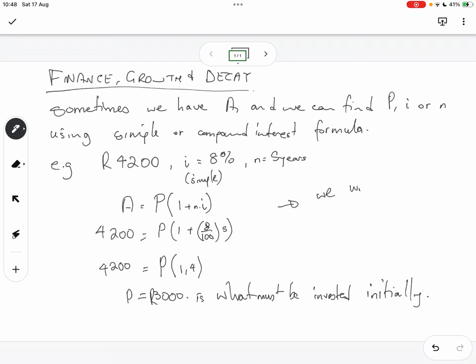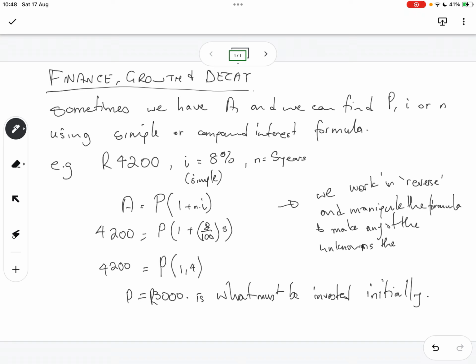So we then do the math and recalculate. The most important thing you can notice is that we work in reverse, so to speak, and manipulate the formula to make any of the unknowns the subject.